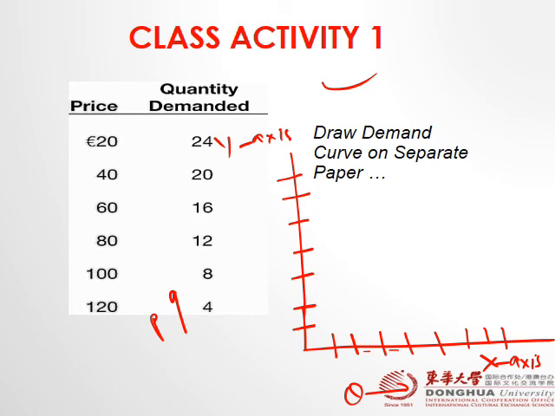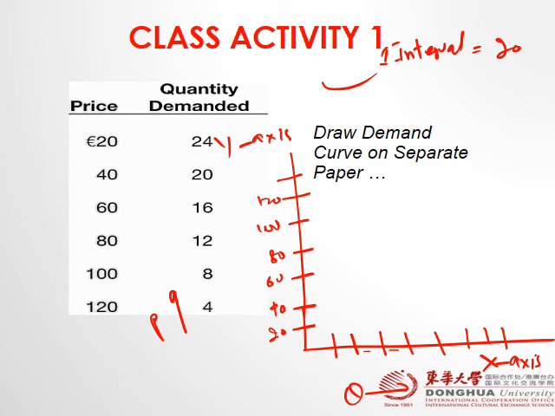Okay, on the y-axis, I'll say that one interval is equal to 20 points. It means we're going to start from 20 and then 40, 60, 80, 100, 120, right?